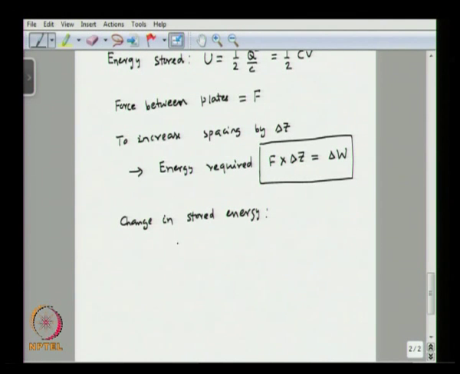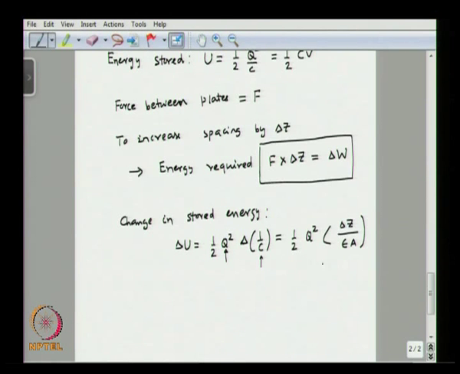we can find delta U will be half Q square into the change in the capacitance, because the total charge is going to remain unchanged. So moving the plates would change the capacitance. So this is going to be half Q square into delta z over epsilon A, right.